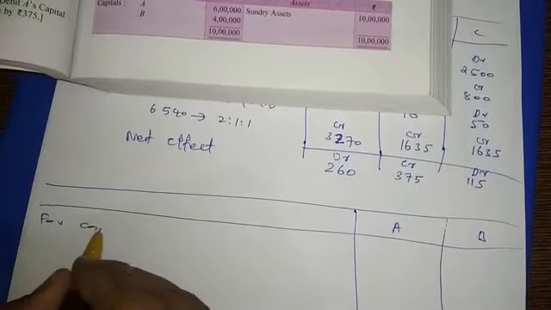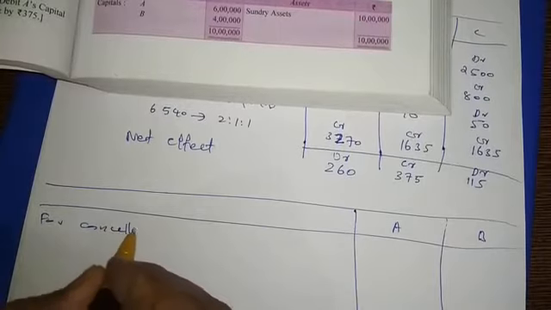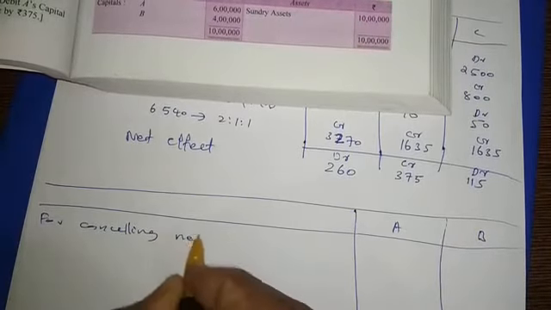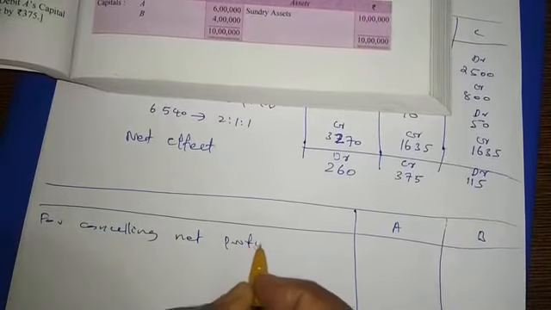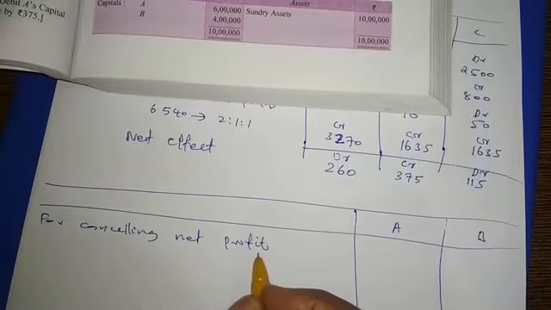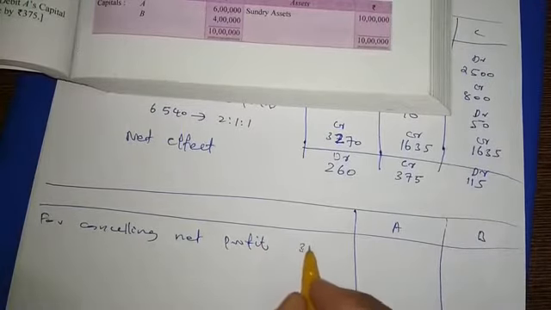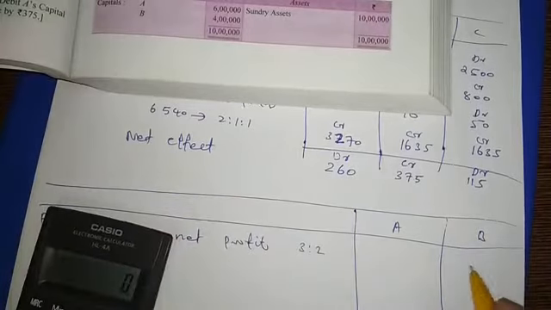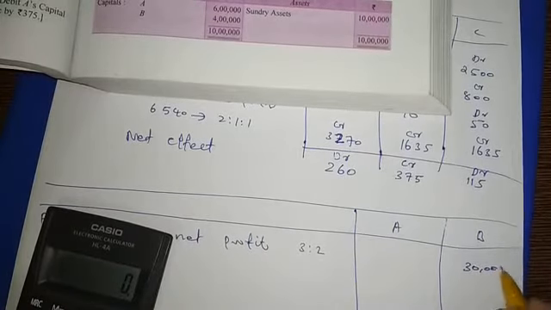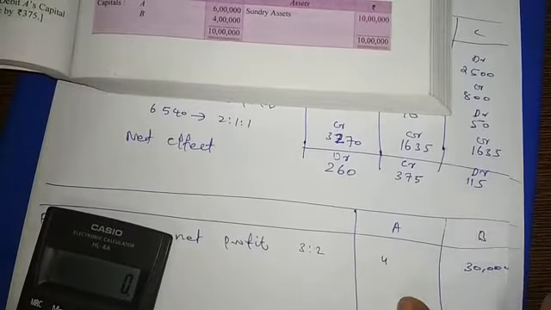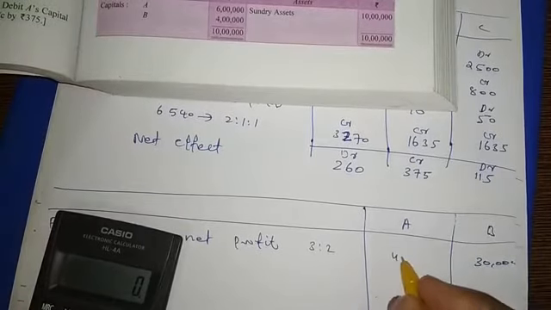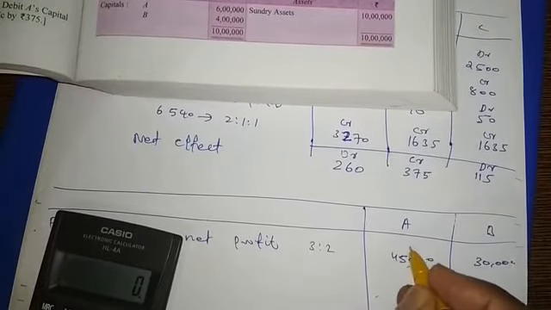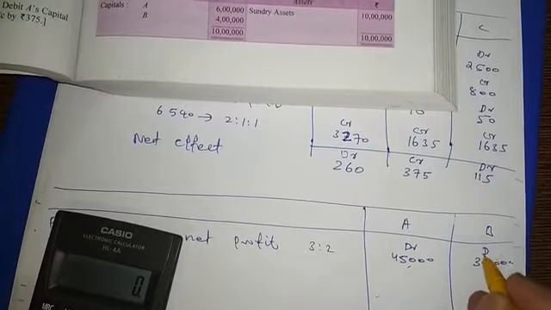For cancelling the net profit, the profit sharing ratio is 3:2 and the profit given is 75,000. Net profit is 75,000, so the shares are 45,000 and 30,000. This we need to debit for cancelling.